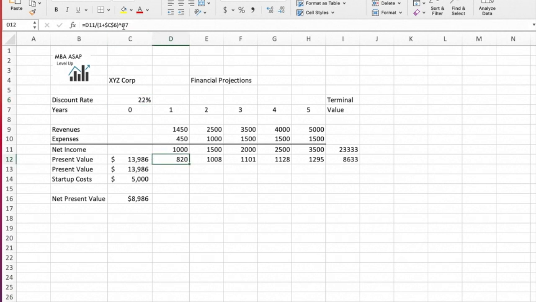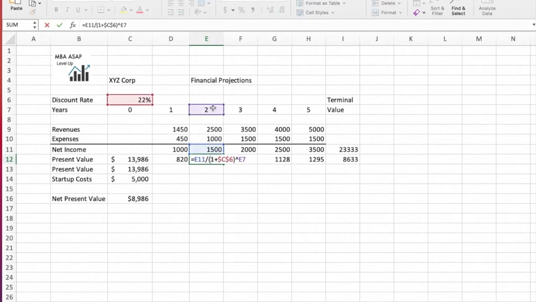And then to the exponent of what year it is. In this case, the year is D7, right? And so each year, we're going to do that. In year two, it's going to be this cash flow divided by 1 plus the interest rate to the second power, right? So that's this E7.